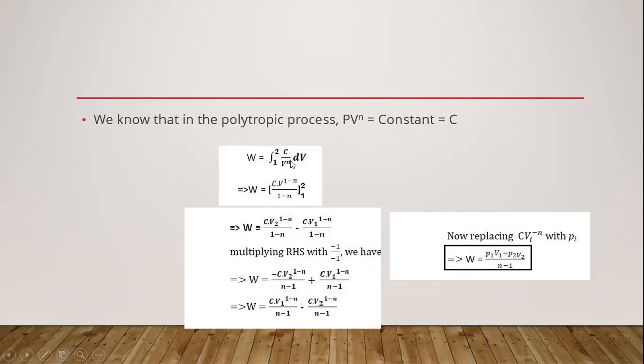Now C into V power minus n into dV. So we have to integrate this given term with respect to V between V1 and V2. So C V power 1 minus n divided by 1 minus n. So substitute the upper and lower limit.